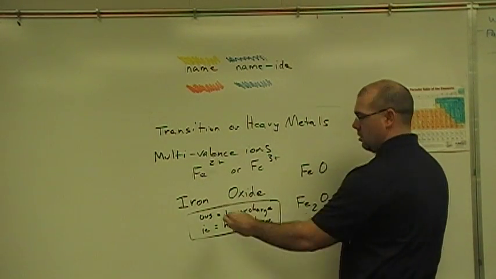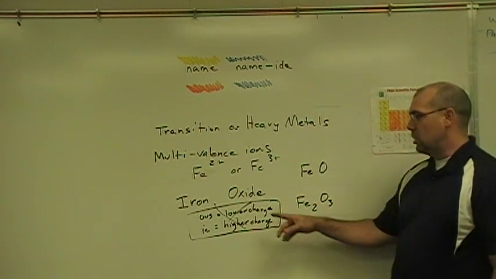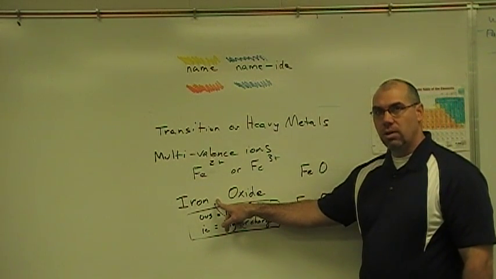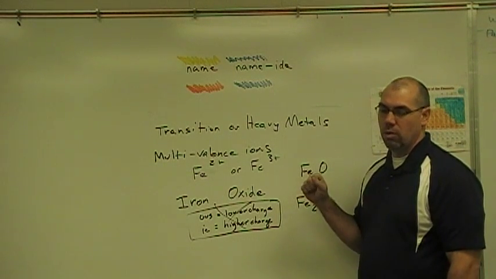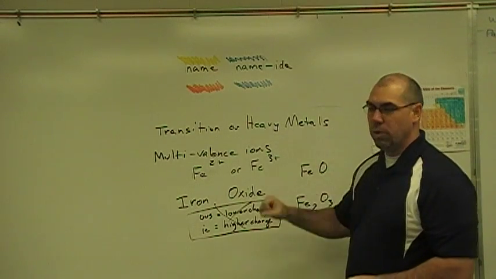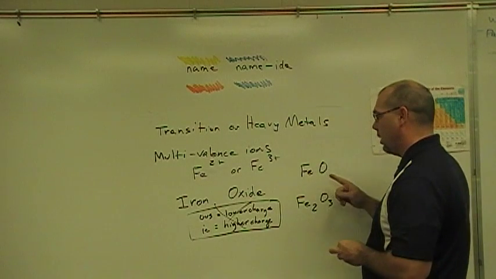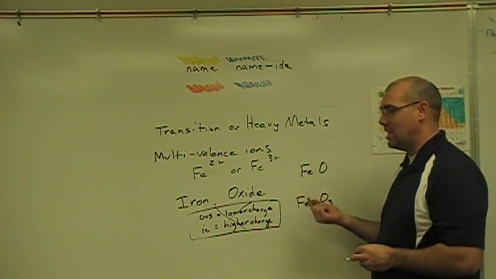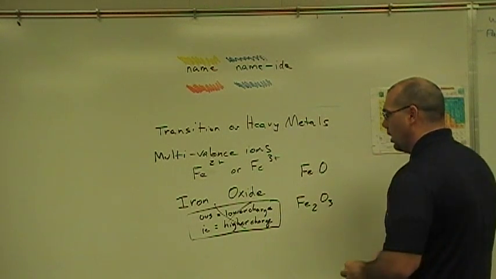The good news is we don't really use that anymore. What we do is we simply use a Roman numeral to identify its charge. Remember, we'll use this over and over again. The Roman numeral stands for its charge. The Roman numeral does not stand for how many of them are there. It stands for its charge.